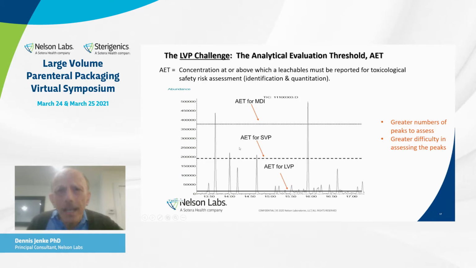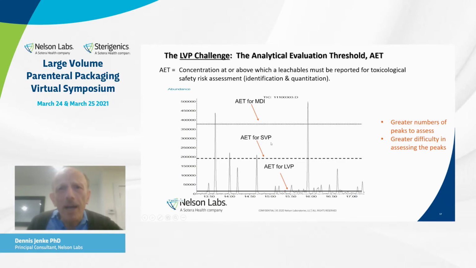What these three lines in this figure show is the AET for three different types of dosage forms that differ significantly with respect to their daily dose volume. For a metered dose inhaler, where the daily dose volume is measured in microliters, the AET is relatively high in the chromatogram, and we only have two peaks that we need to be worried about.